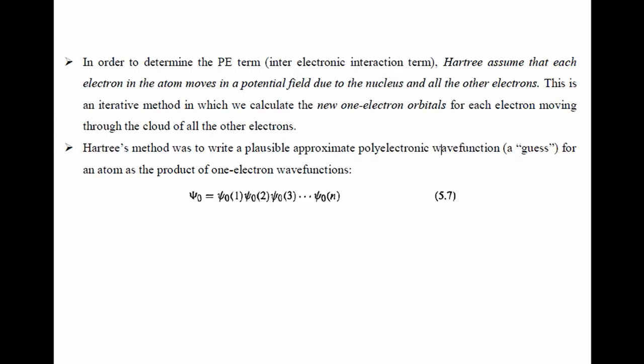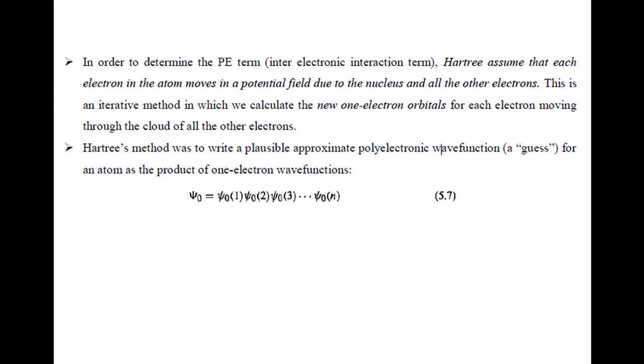In order to determine the potential energy term or inter-electronic interaction term, Hartree assumed that each electron in the atom moves in a potential field due to the nucleus and all other electrons. This is an iterative method in which we calculate the modified atomic orbitals for each electron moving through the cloud of all other electrons.